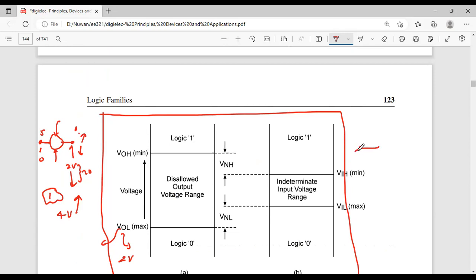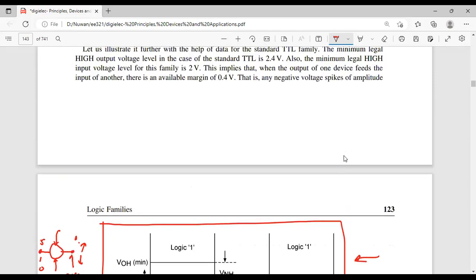Sometimes, for example, you can remember that we designed a counter. We tried to design a counter using logic gates, but you couldn't get the desired output. I told you one reason maybe. This counter is a serial counter, no?